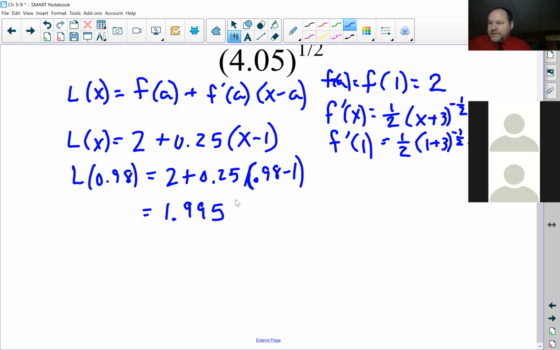If I find the square root of 3.98, my calculator says that is 1.994993734. So our approximation is within one 100,000th of the actual value. So a pretty good approximation.